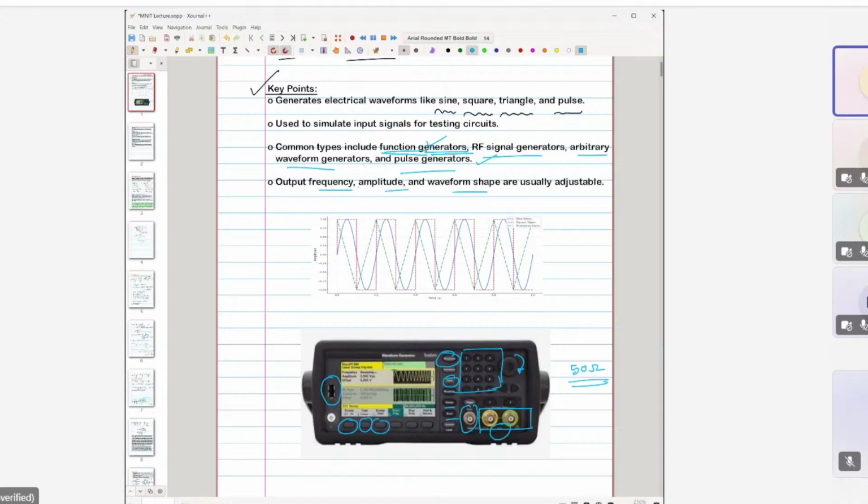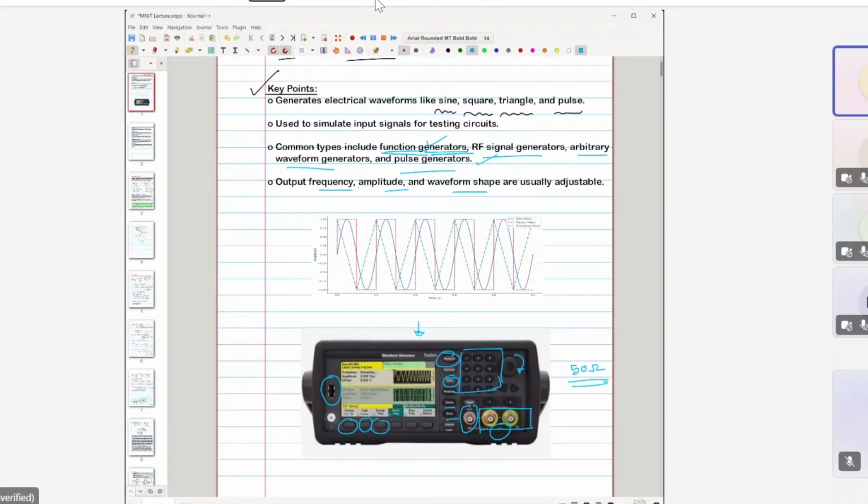So arbitrary waveform generator means the signal can be a user defined signal. That user defined signal you can load using a pen drive, load the MATLAB code in your pen drive and just plug it, and this waveform generator will take the code from here and produce the actual signal.